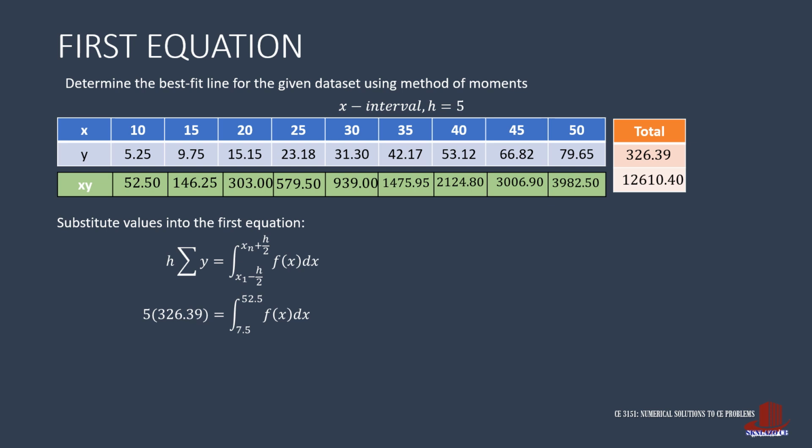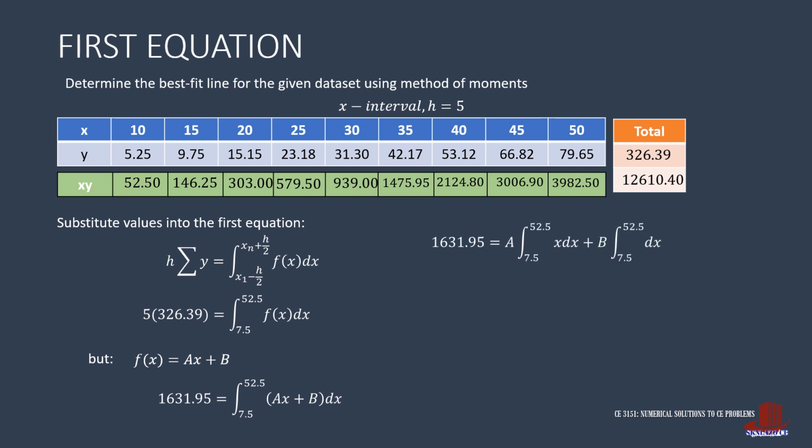For linear functions, f of x has the format of ax plus b. So the first moment turns out to be 1631.95 as the integral of ax plus b. We can integrate these easily after they are simplified per term. So take out the parentheses by distributing the integrand, thereby making a binomial with x dx and solely dx.